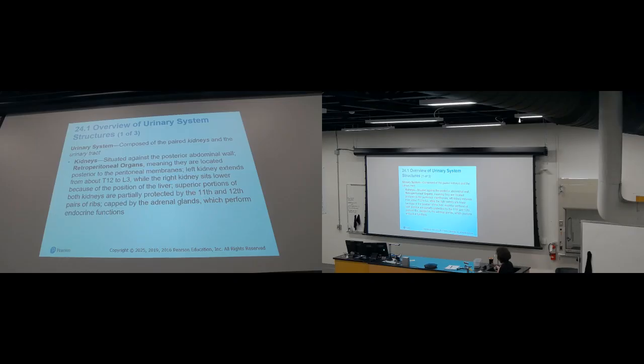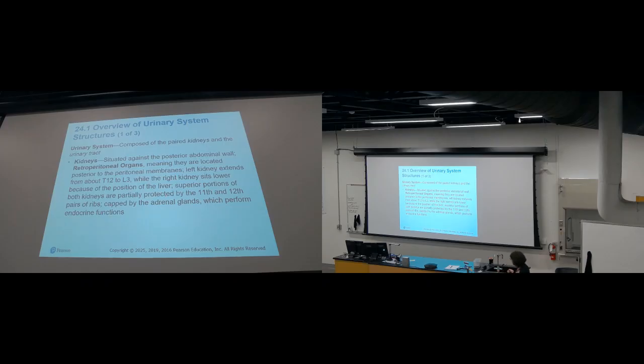Now, for the right kidney, it's a little bit lower than the left, is partially protected by the thoracic vertebrae 11 and by ribs, floating ribs 11 and 12. So it will be located a little bit lower than the left between L1 and L4.